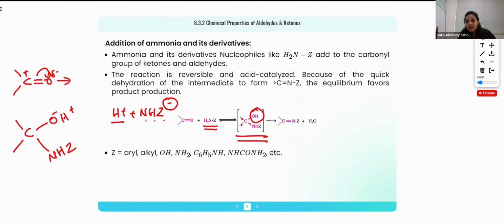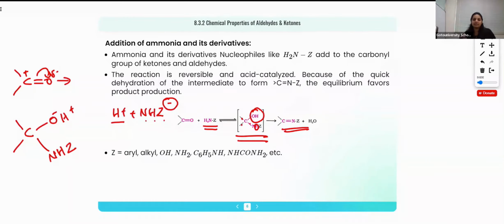Then the carbon will form a double bond with this nitrogen. Otherwise, you can say this hydrogen is moved with OH as water. That is very simple. This carbon is making 3 bonds normally with the nitrogen and the other 2 groups. Then if the OH group is removed, they will make 1 more bond. That will be the final product.